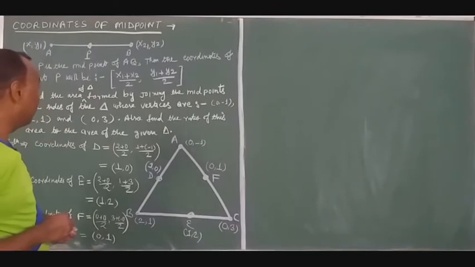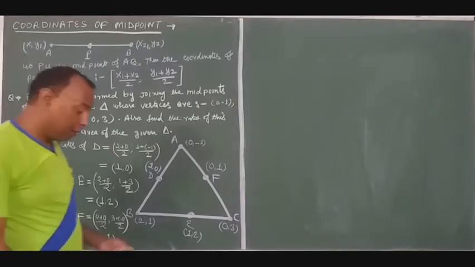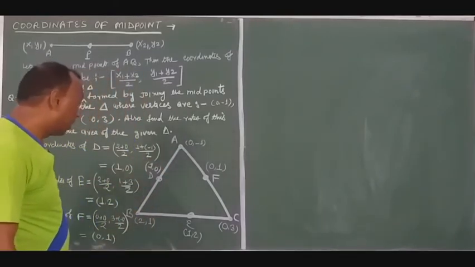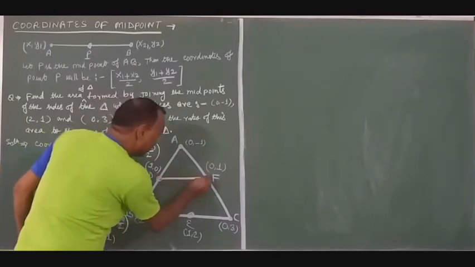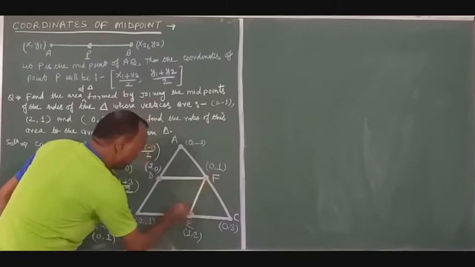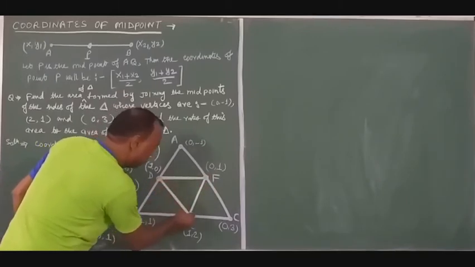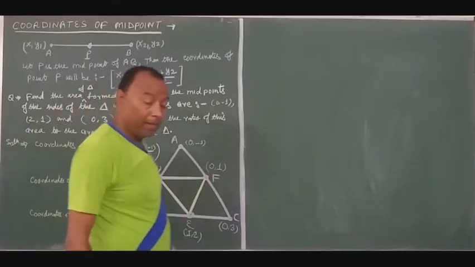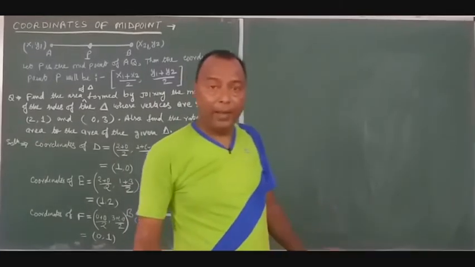The question is this now. Find the area of the triangle formed by joining the midpoints of this triangle. So now, if we join these midpoints, we will get this area. Is it okay? That is, we have to find the area of triangle DEF.